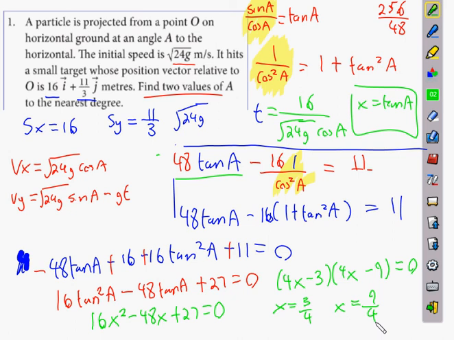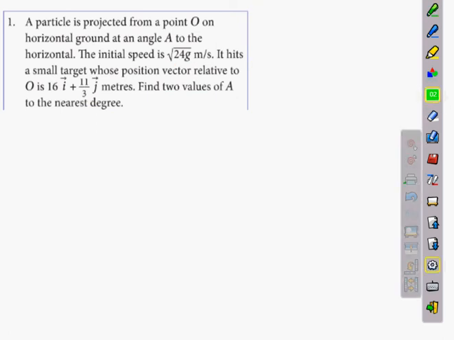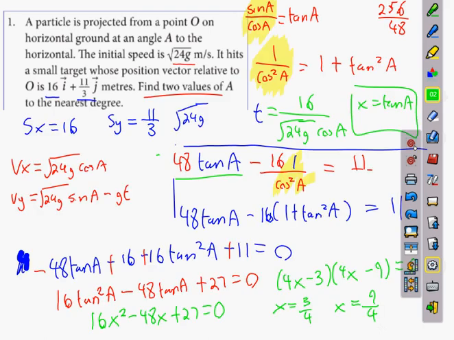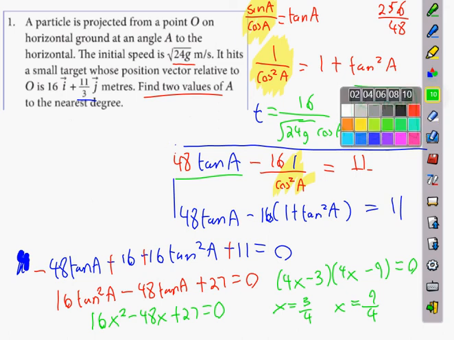Okay, so, the very end of this question, what you're looking to do is you have two angles that this can happen for.